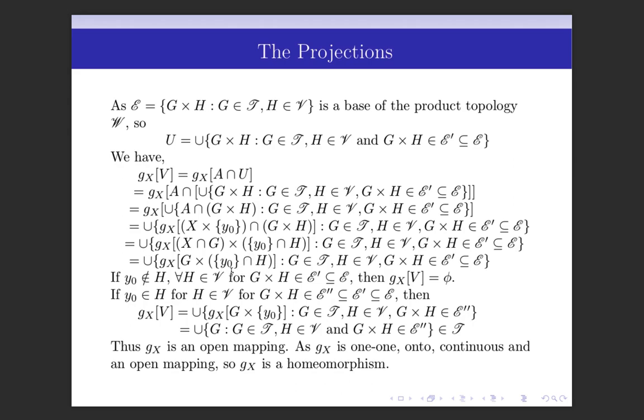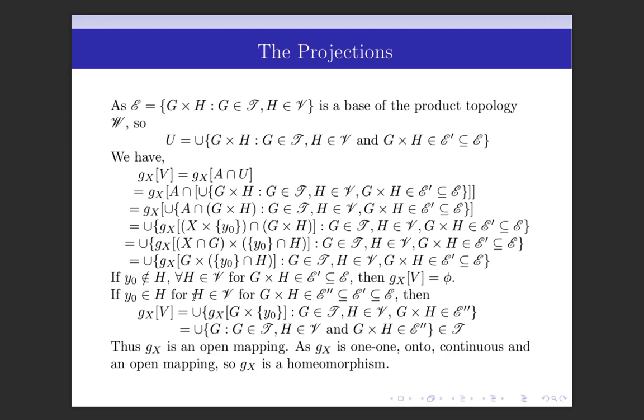And we know that in the cross product, if one of the sets is empty, then the whole set is empty. So this set will be empty, and so we get Gx of V is equal to phi.